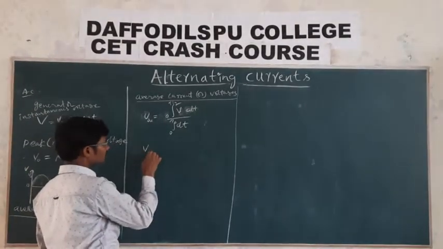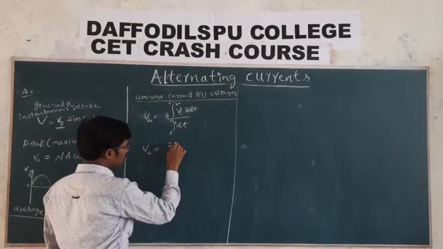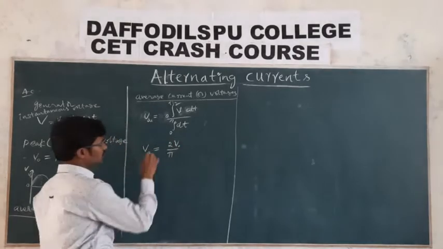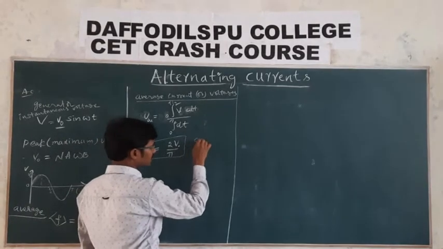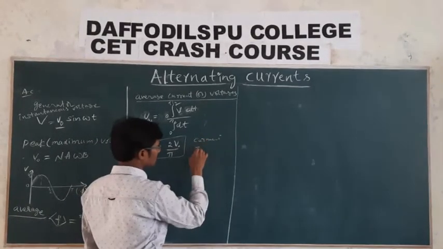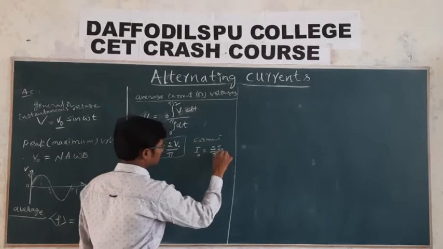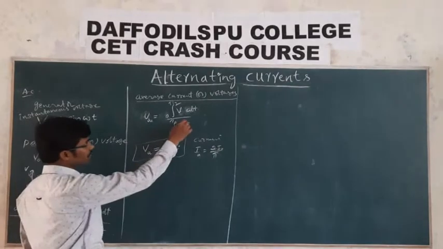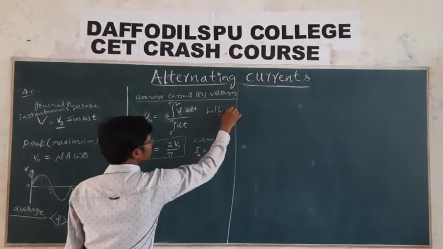Therefore, average voltage is equal to 2V naught by pi. So this is the average voltage. Similarly, average current, I average equals 2I naught by pi. Remember, we define it only for half cycle.